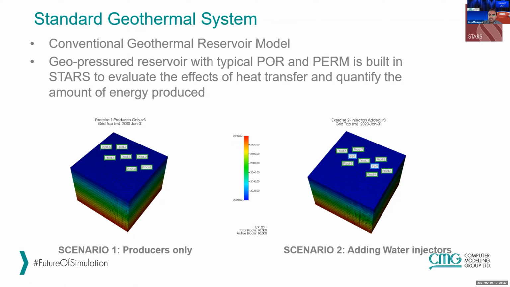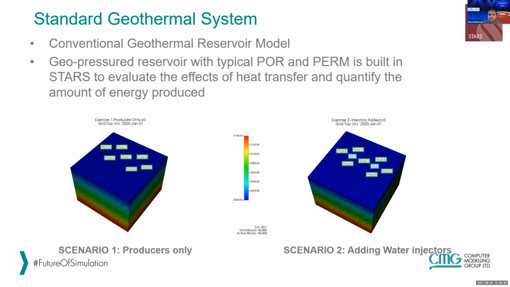These are things that could be added into an optimization or uncertainty analysis, when people can decide about, let's say, the location of these injector wells, or how much would be the optimum volume of water that could be injected in order to maximize that plateau of the produced energy in the system.